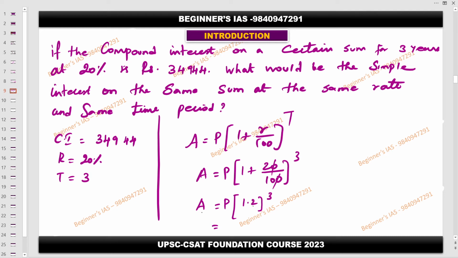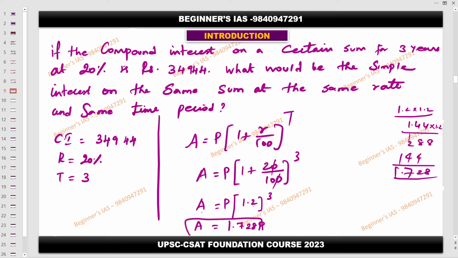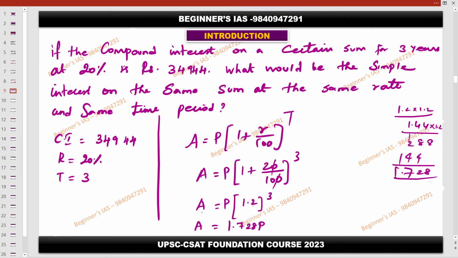So 1.2 the whole cube is nothing but 1.2 into 1.2, 144, then again 1.2, so 8, again 8, 2, 4, 4, 1, 8, 2, 1. Therefore 3 decimals, so 1.728P. So this is nothing but A. After finding out A, you know the compound interest, right?